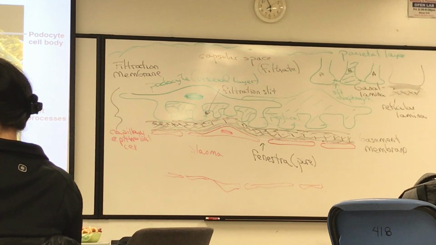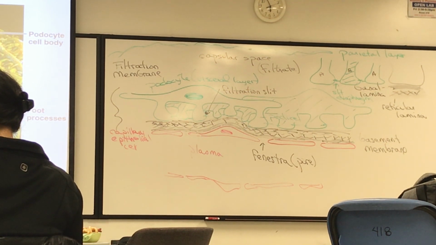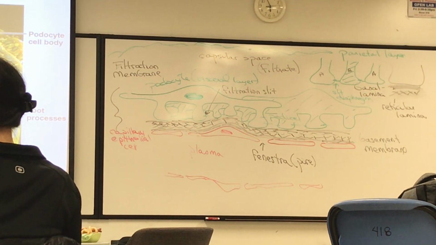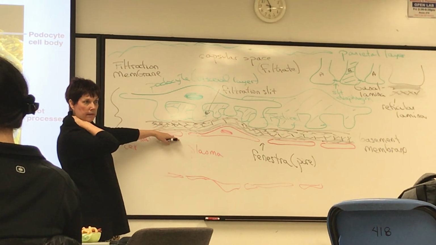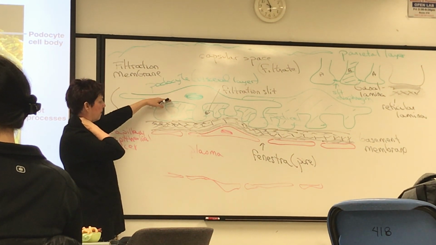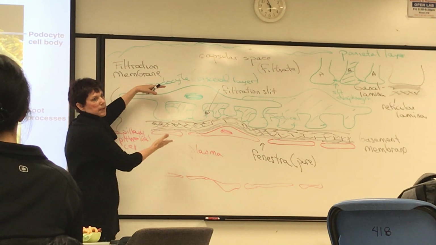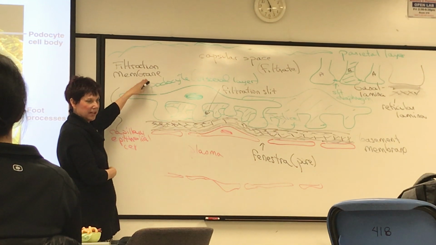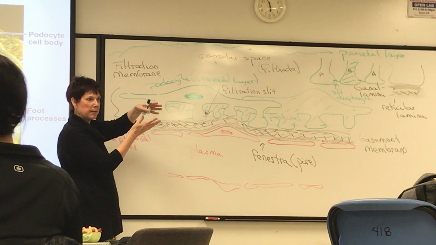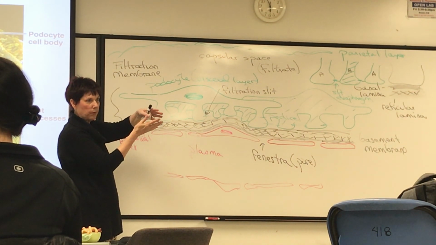So the whole thing is the filtration membrane. The whole thing is these three layers, the epithelial capillary, the epithelia for the podocyte, and the basement membrane between, those create the sandwich that is the filtration membrane. So like the respiratory membrane in the lung is two simple squamous epithelial with connective tissue in between.